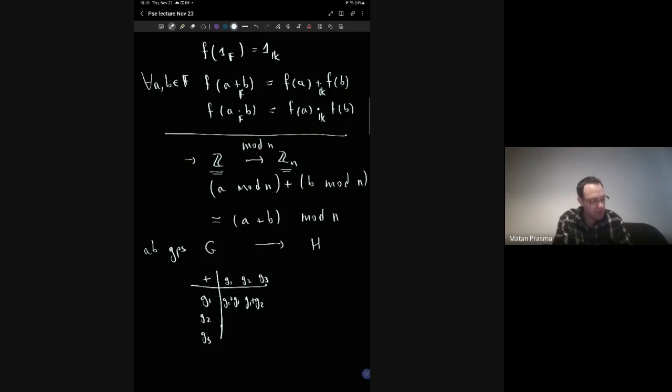And if you give me a group homomorphism, let's say F, then of course I can simply write F of G1, F of G2, F of G3, and also here.